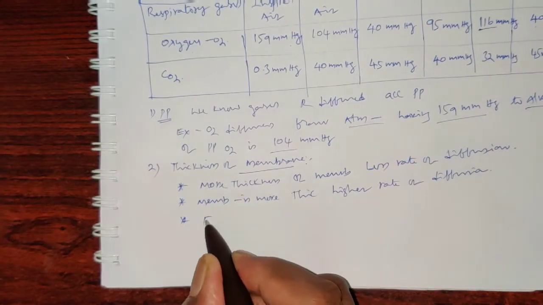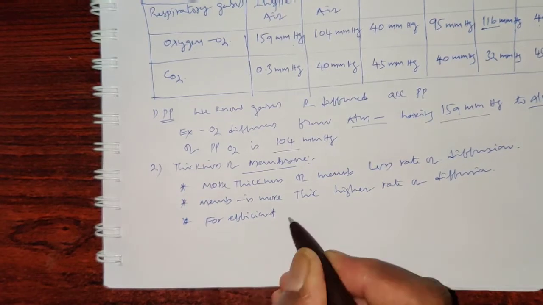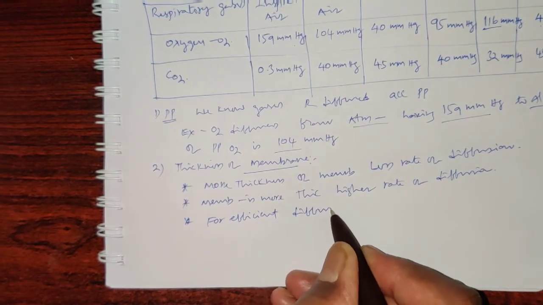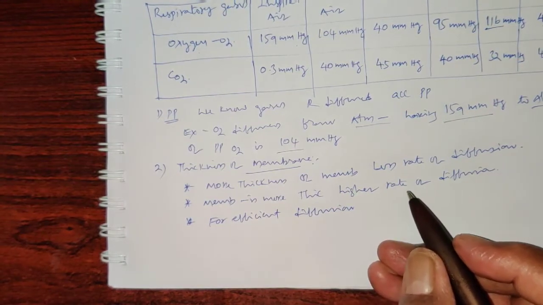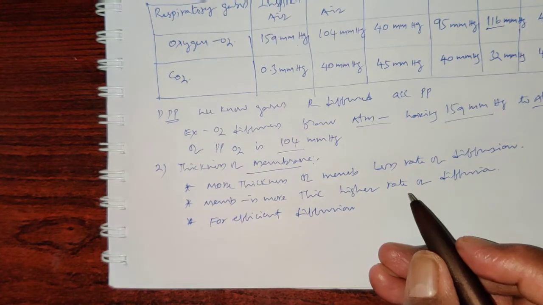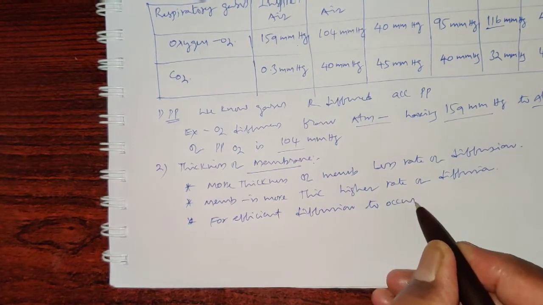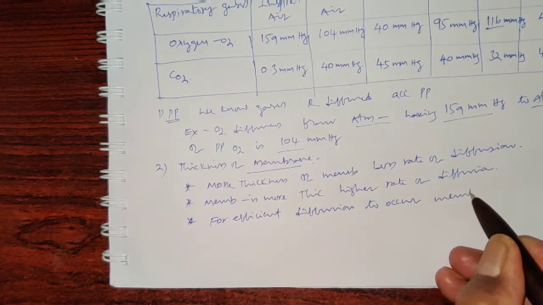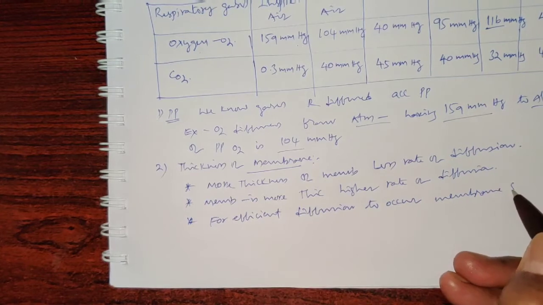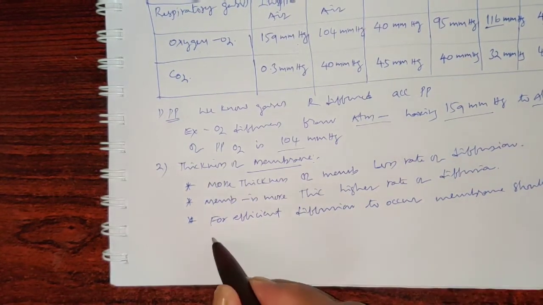For efficient diffusion to occur, the membrane should be very thin.